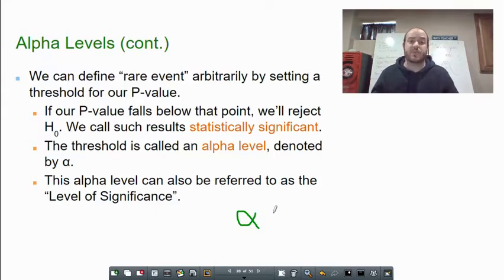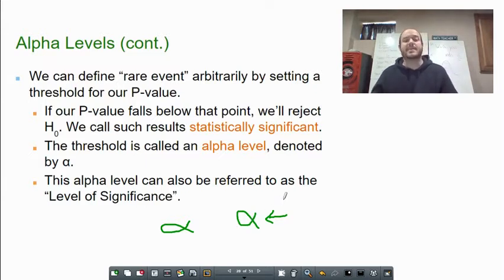Now, this can be referred to as your significance level. It can be called your level of significance, but it will always have this same symbol. Sometimes when you see it in print, it's a little bit wider like this, but regardless, it is always called an alpha. That's a lowercase alpha, and it is always the symbol that we use to represent this cutoff idea. If you call that your alpha level, your level of significance, or the significance level, any of those things, those are all represented by alpha.